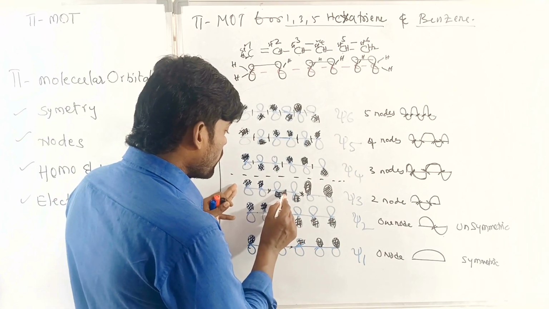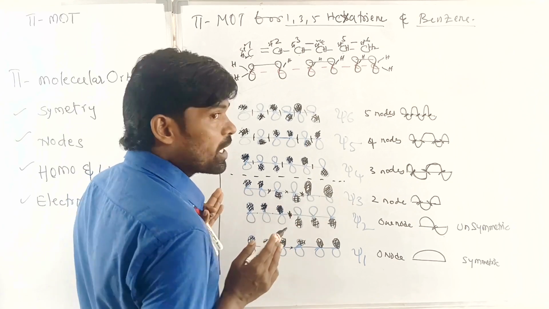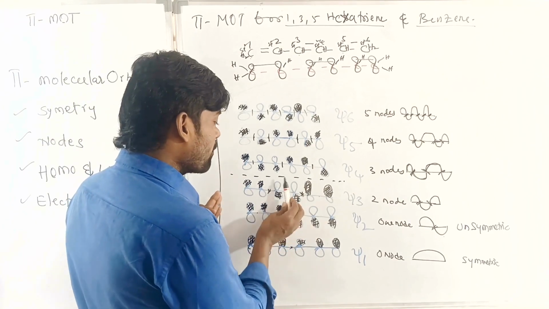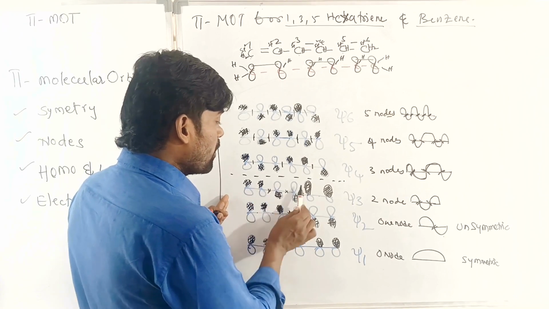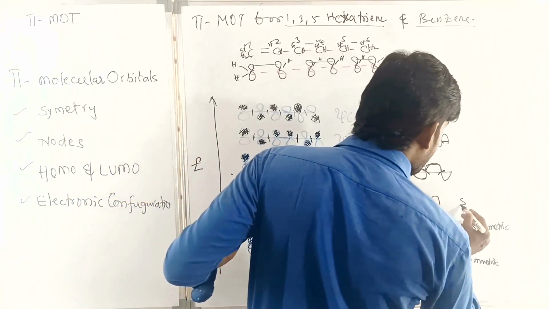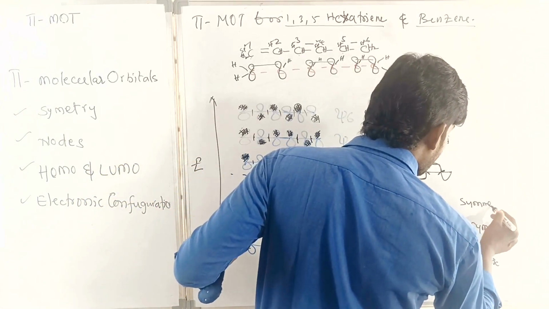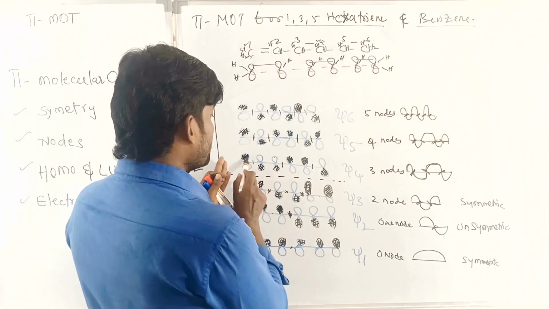Coming to psi 3. We can cut from here, these three and these three, both are the same. See, the mirror plane is visible here. So this is symmetric. Next one is simply unsymmetric.